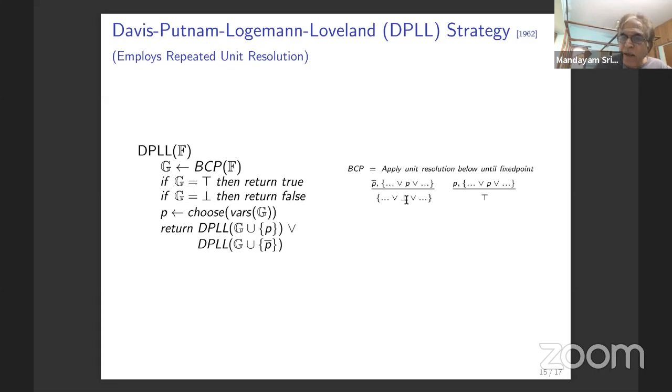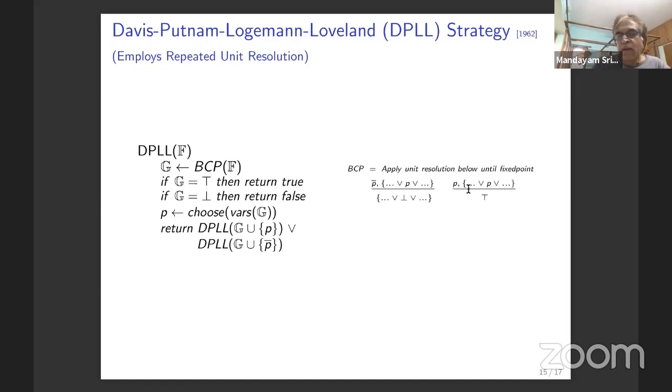So once you get a false there, this one becomes a smaller clause with P gone. If the unit clause in the original formula is a literal in positive form, then you have to make that true. And then you plug in true to all the clauses in which it appears in positive form, and you simplify those to true.